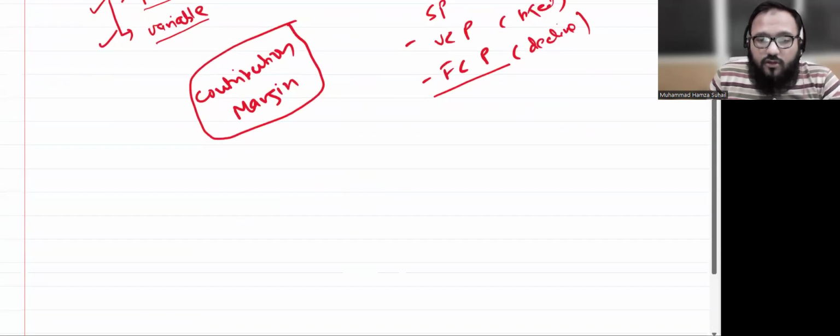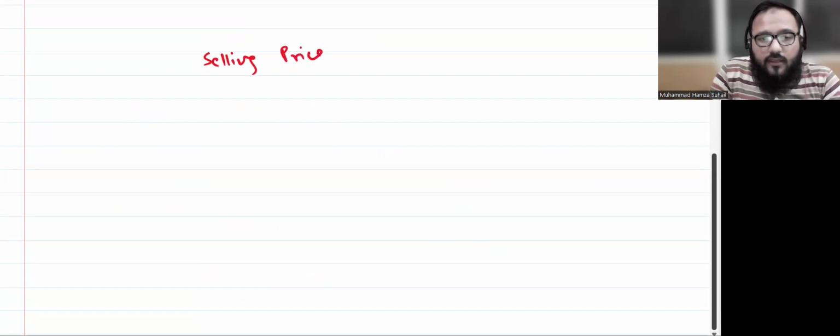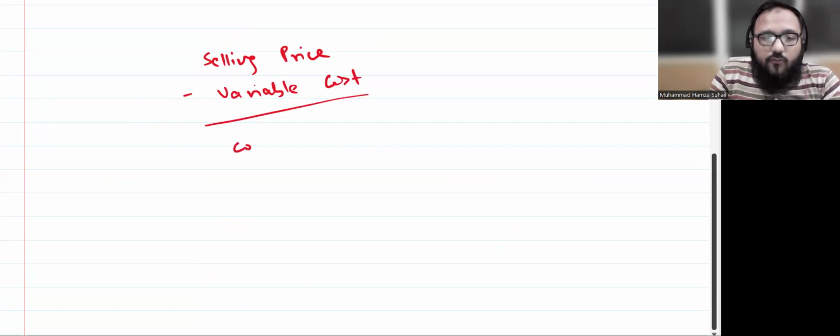So if we talk about the marginal income statement, first of all, we have the selling price or the revenue, and from that selling price, we deduct all the variable costs. Selling price minus variable costs gives us what we know as contribution or the contribution margin.